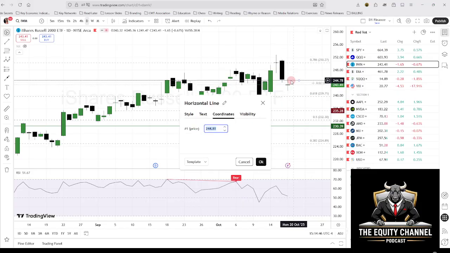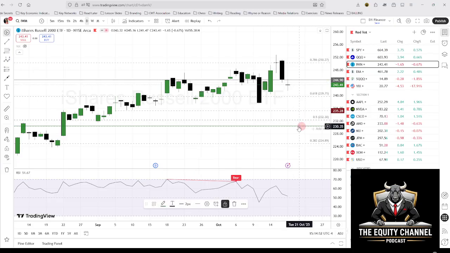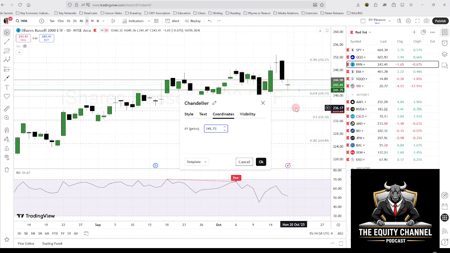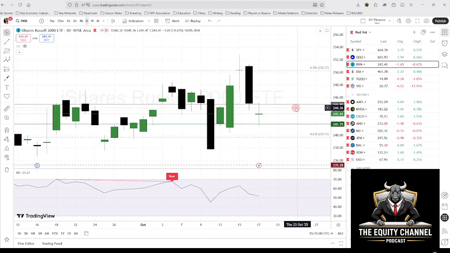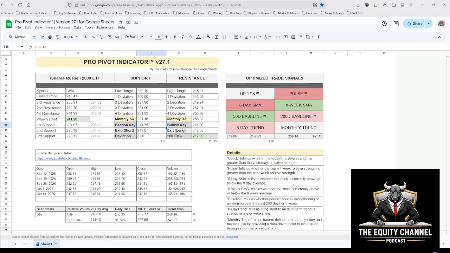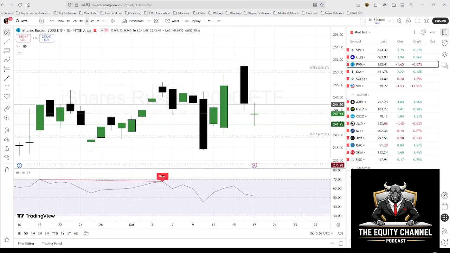After the first 15 minutes of the day, you take your bullish and your bearish key level, so 244.90 and 241.75, and you plot them on your chart with 2 trend lines.